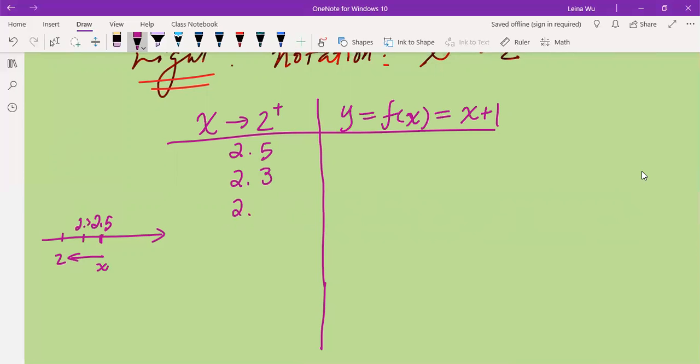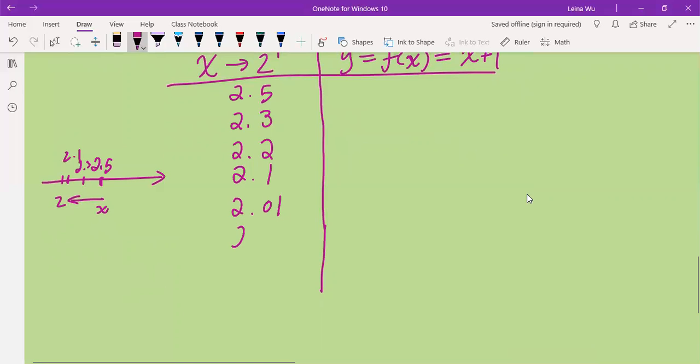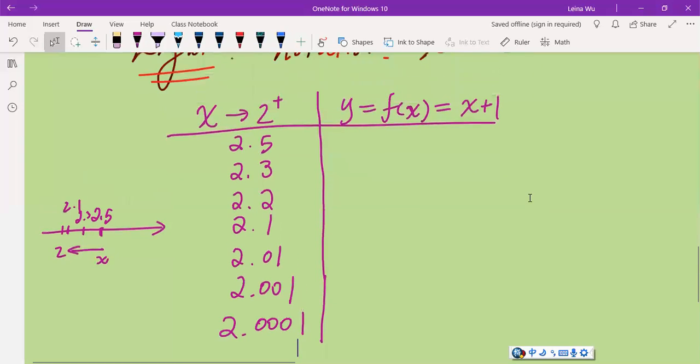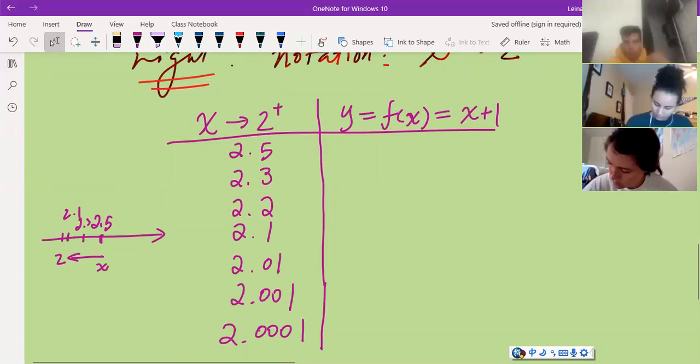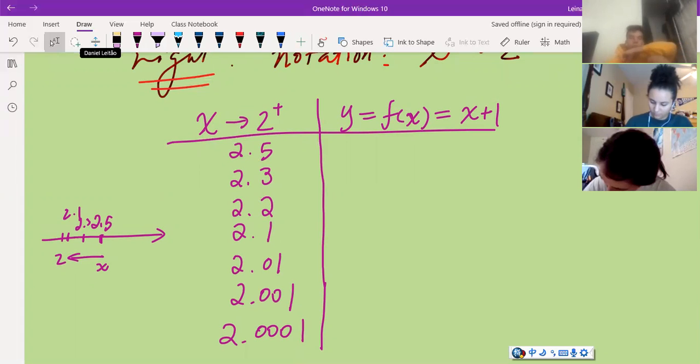I can move closer, 2.2, 2.1. You can get even closer, 2.01, 2.001, 2.0001. Is that close enough to 2? Of course, you can say I can do 2.000001, right? But this is just the trend. Now let's calculate the function value to see the behavior of this function as x is approaching 2 from the right.